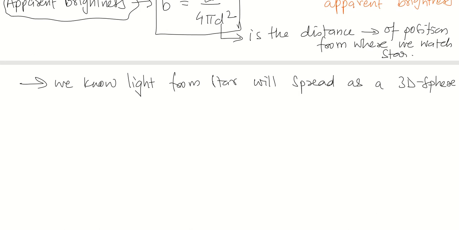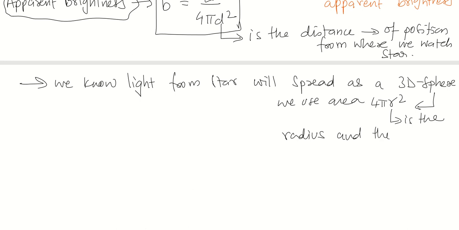And because it is a sphere, we use area 4 pi r square, but r is the radius and the distance, so we write it as 4 pi d square.